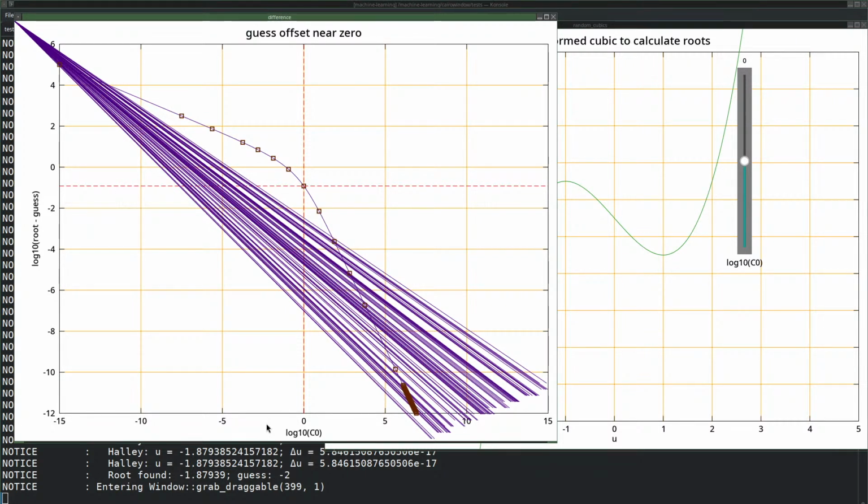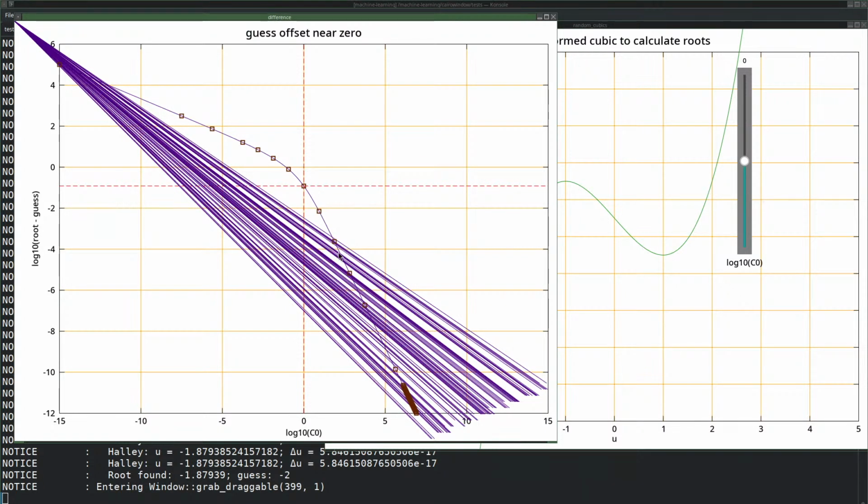I forgot how the other one looked. This line goes through that point, so that is 0, 0, just like the other one.